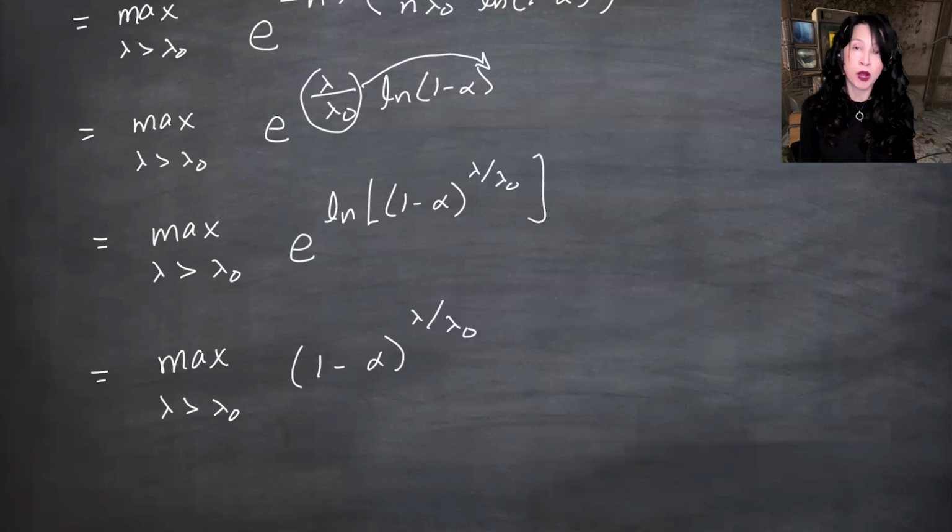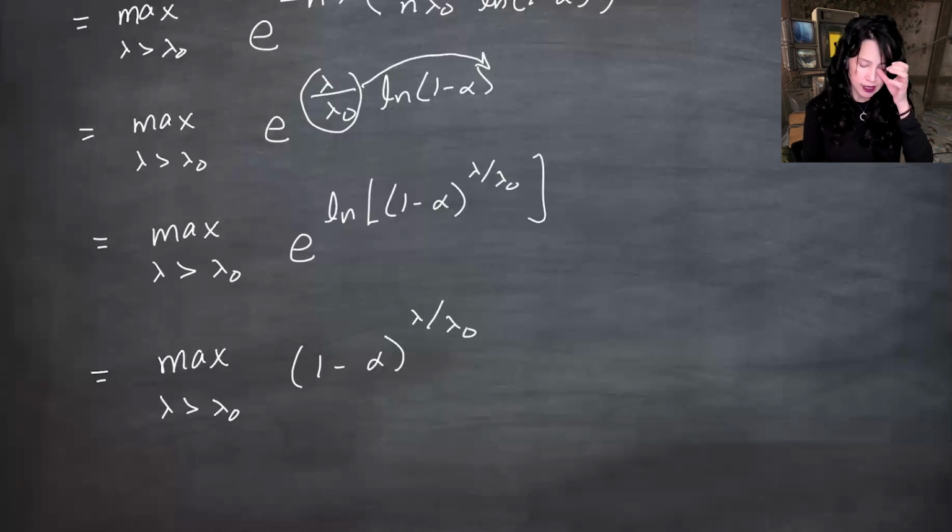Now, alpha is a probability. It's between 0 and 1. And let's just assume it's not 0 or 1 because that would be weird for a type 1 error. So this is strictly between 0 and 1. And when you take powers of that, larger and larger powers, you get smaller and smaller numbers. So if I want to maximize this as a function of lambda, I want lambda to be as small as possible.